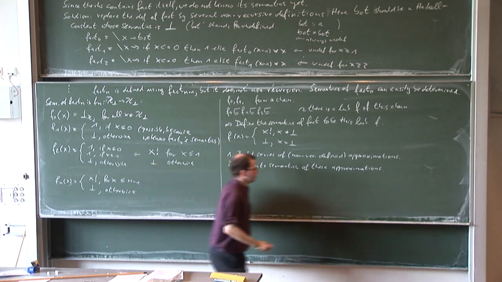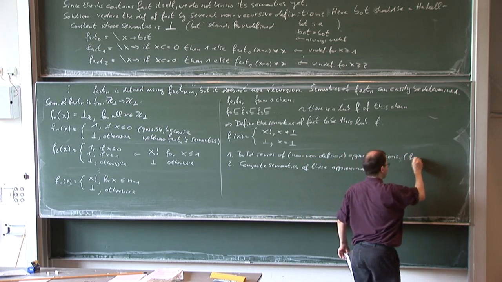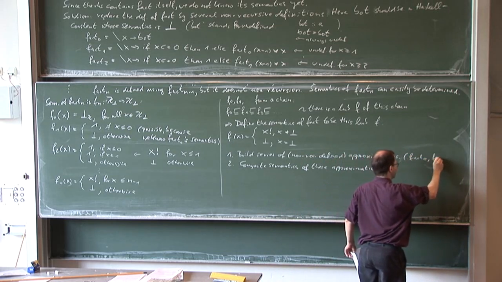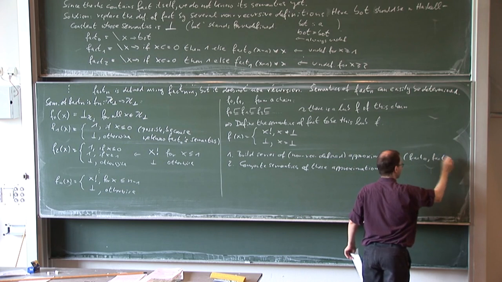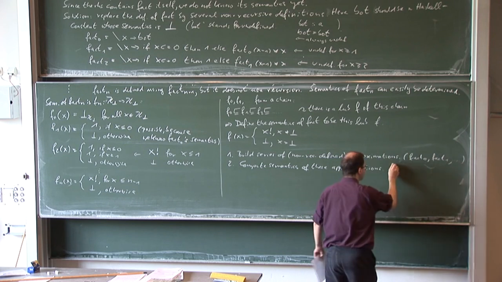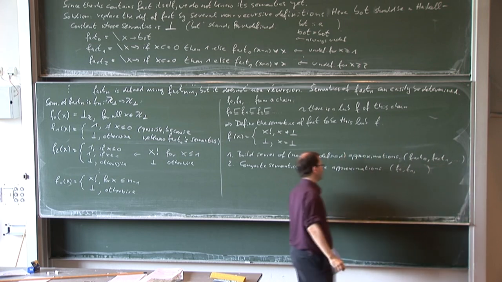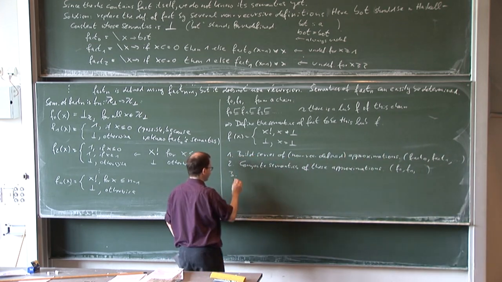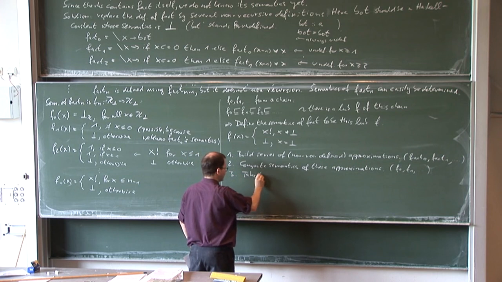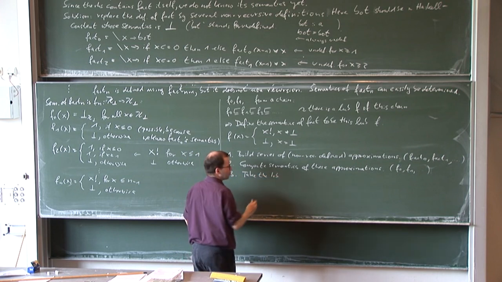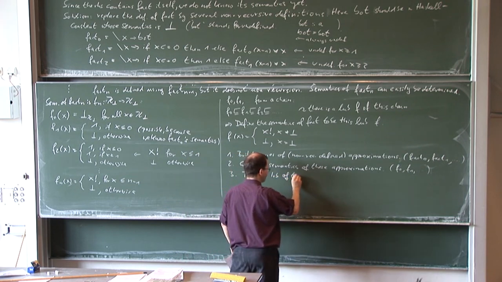So here we had these approximations, fact0, fact1, and so on. Compute the semantics. The semantics were functions that I called f0, f1, and so on. And then take the least upper bound of these approximations.